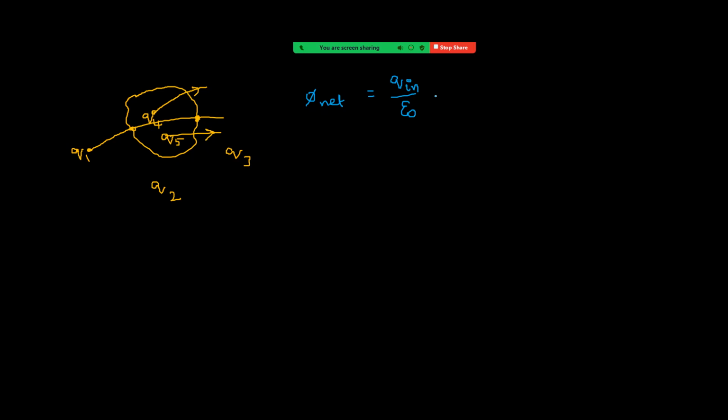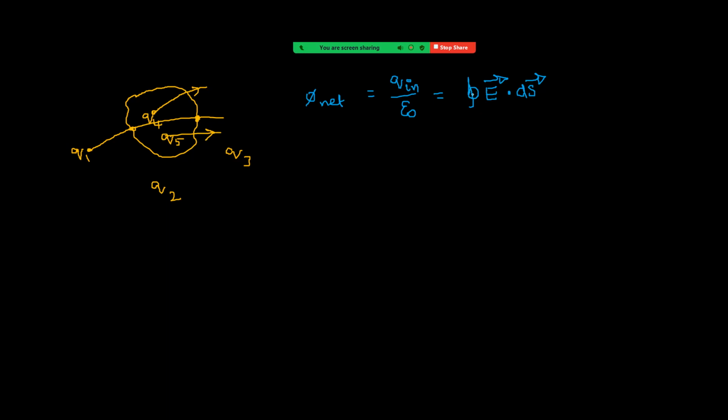If you write the same thing in terms of integration, it is integral, and we are taking here the symbol circle, which indicates integration taken over a closed surface, because we are focusing on flux through a closed surface.